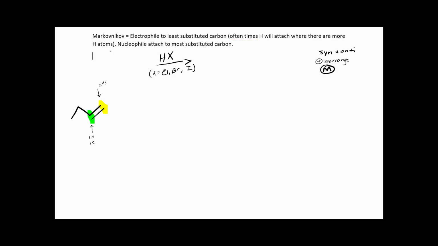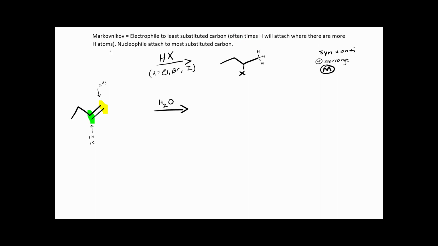So that's more substituted. So because hydrohalogenation acts both syn and anti and in the Markovnikov fashion, then we have the H bonding here. So we have a methyl group on this side, and then we have our X to the more substituted carbon. Then we have hydration.